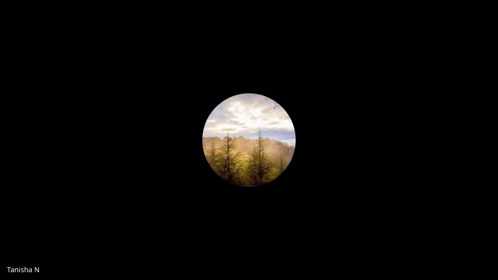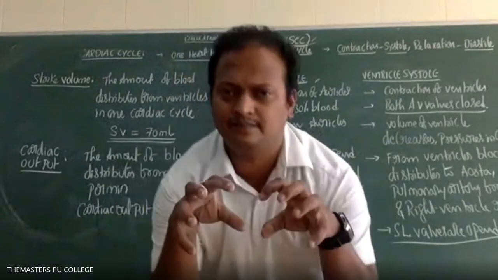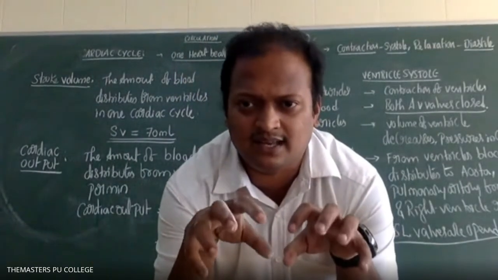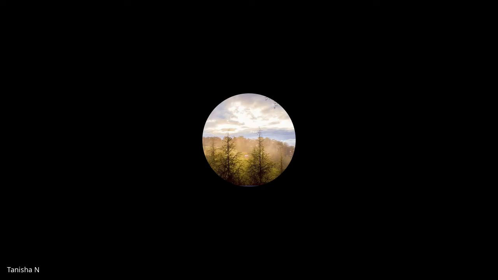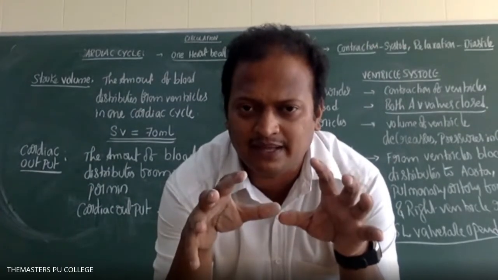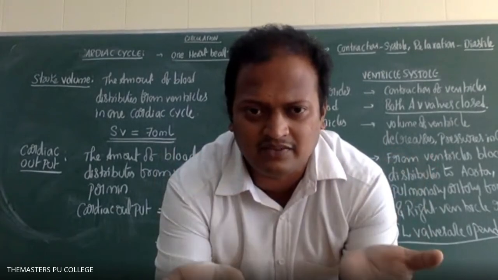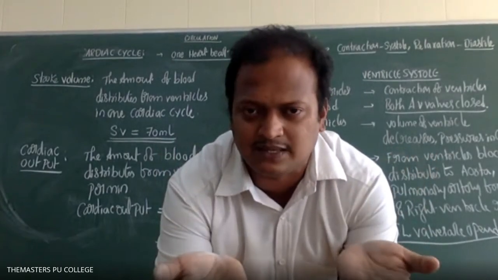First, 100% of blood is received by the auricles. Is it clear? By the joint diastole, first 70% of the blood is received by the ventricles. Ventricular filling takes place.